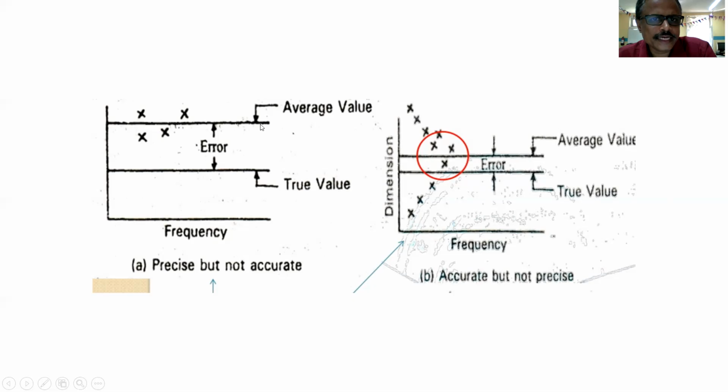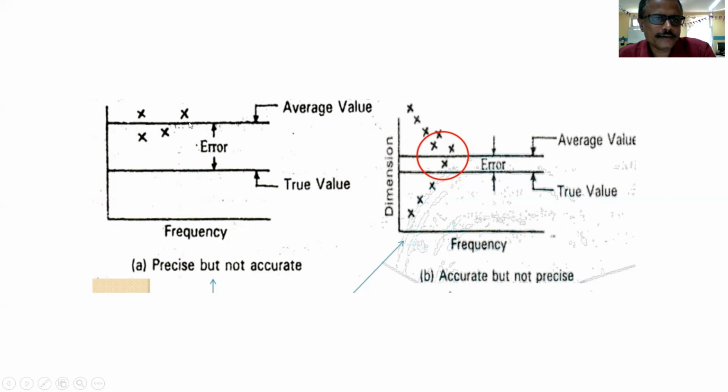There are two lines here. One is the average value line. The other one is the true value line. True value is the standard value. Average value is what we get after taking the average.